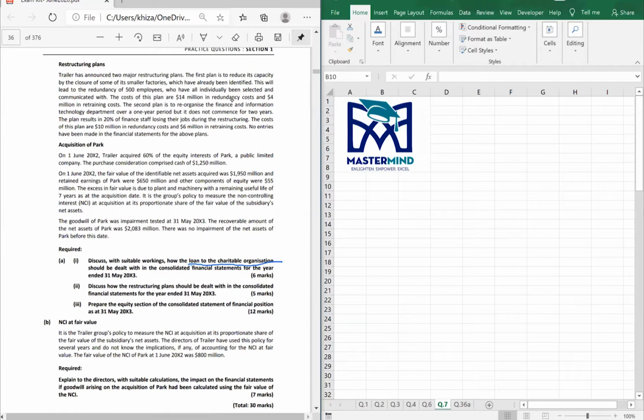Section A questions are long questions with different requirements. For Section B questions, you have just one requirement, probably discuss the director's approach to this financial reporting stance, or something like that. That's pretty simple.